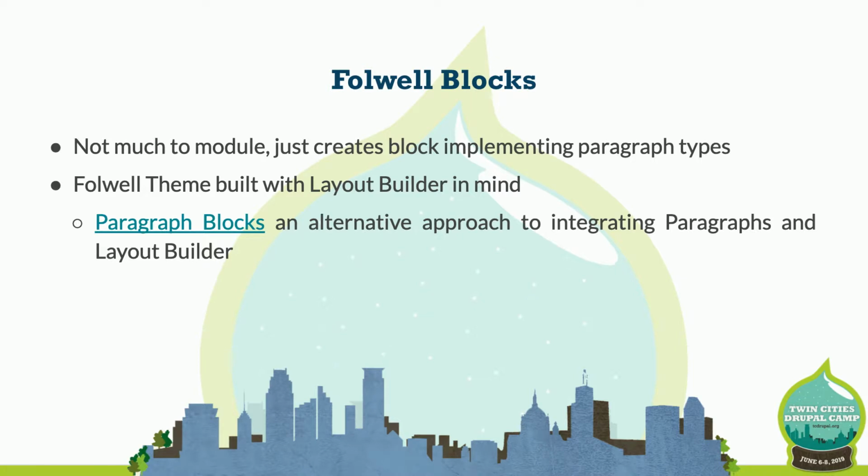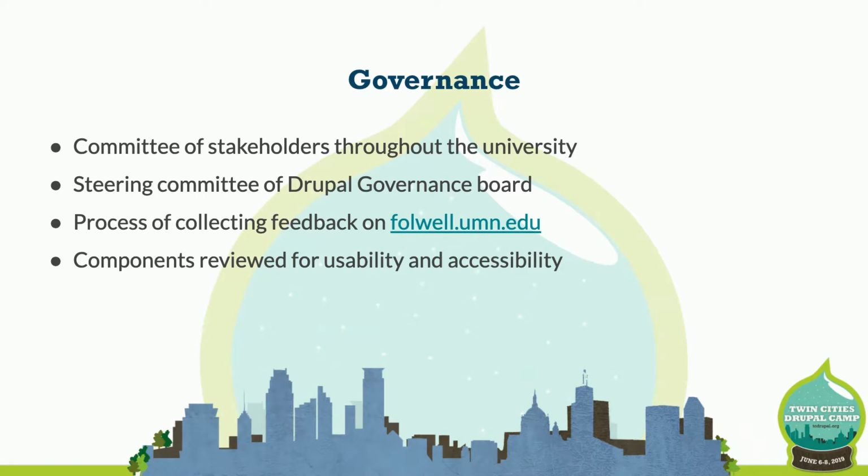So then the other element to how we deal with this, and how we continue to develop this theme and the system that we're offering to people, is a governance process.